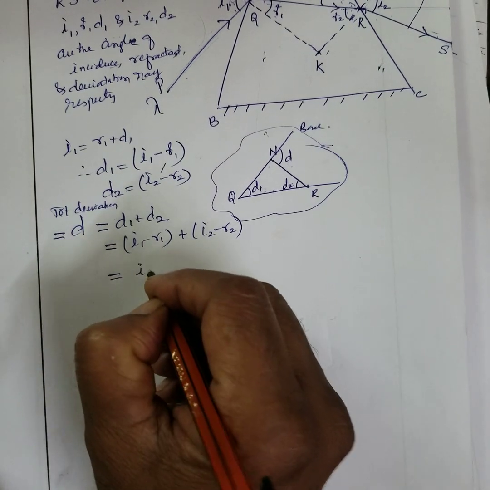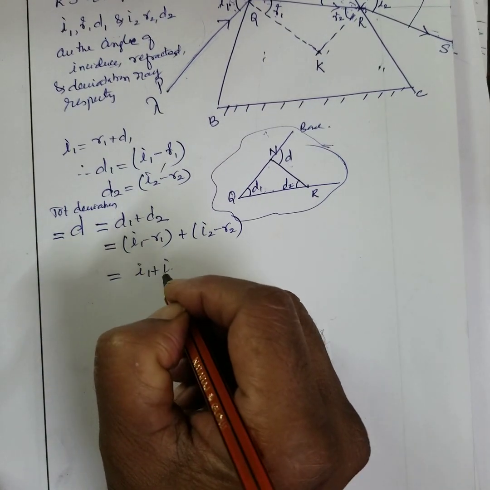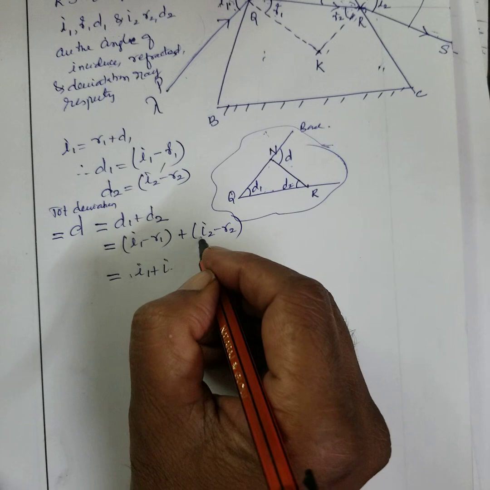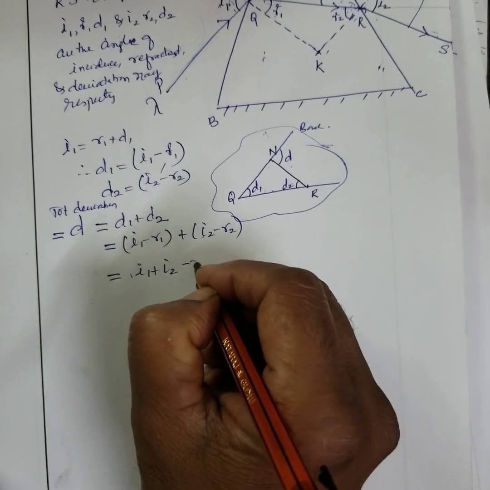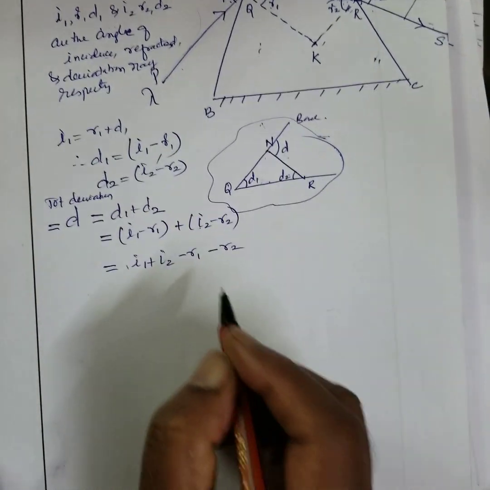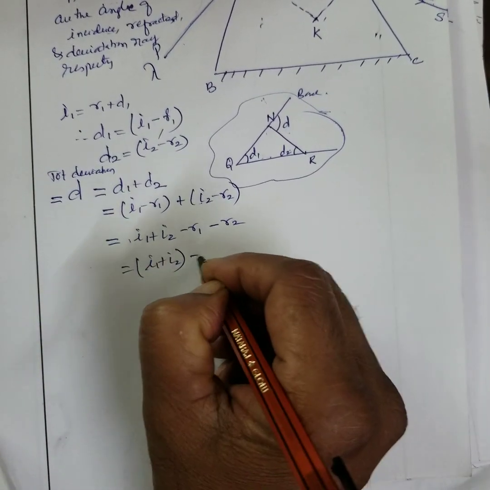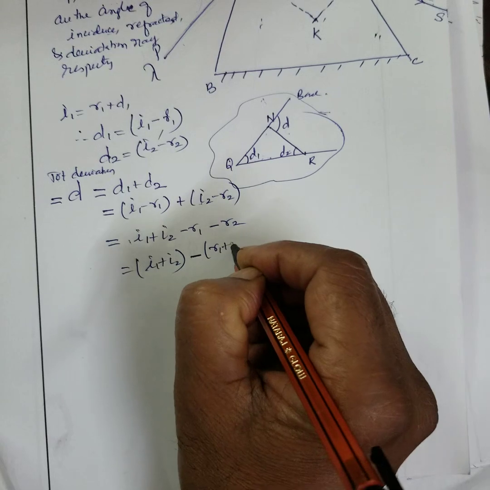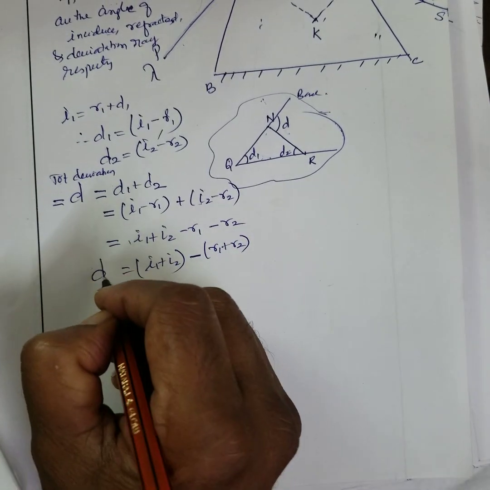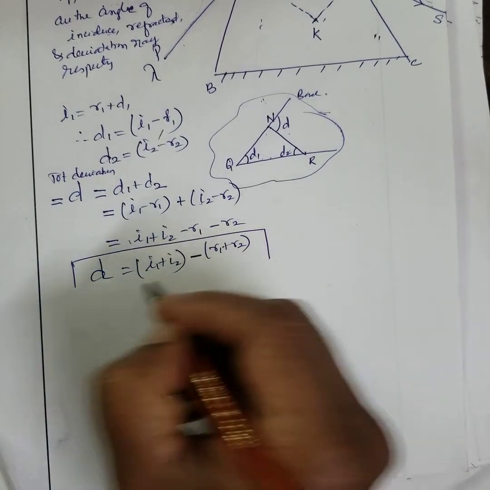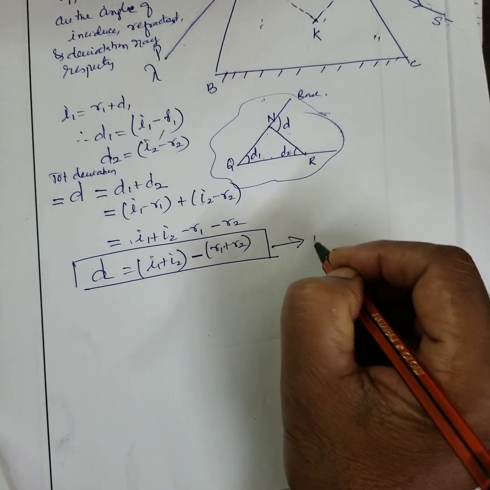That is I1 plus I2 minus R1 minus R2. Taking the common factor, D equals I1 plus I2 minus (R1 plus R2). This is the total deviation. This is the first equation.